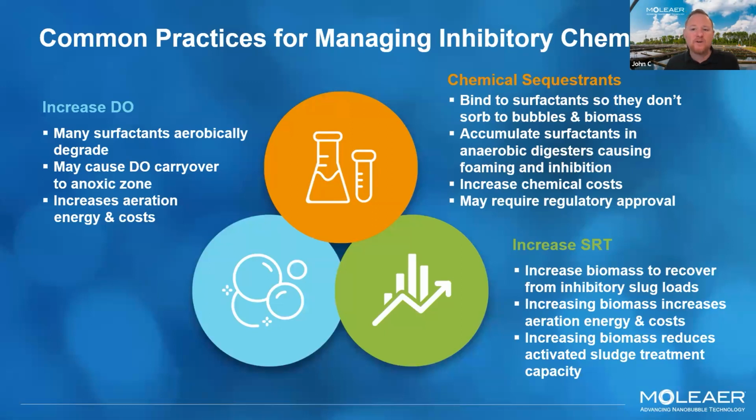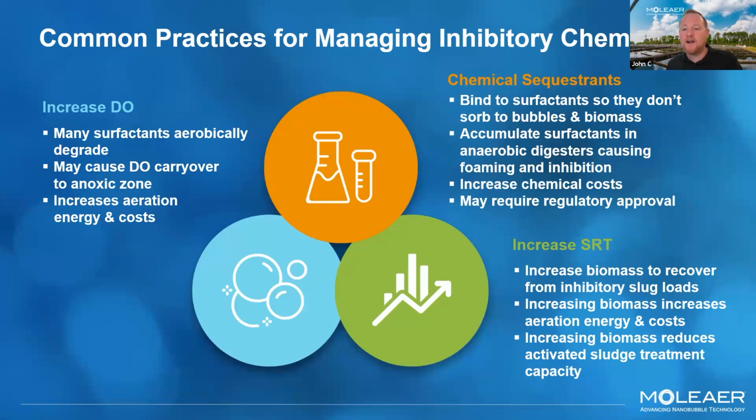Lastly, another one that we don't really think about, but we increase the amount of air that we put into our systems. Many surfactants on the good side are aerobically degraded, but typically within the range of 15 to 28 days. So we're not really removing them.